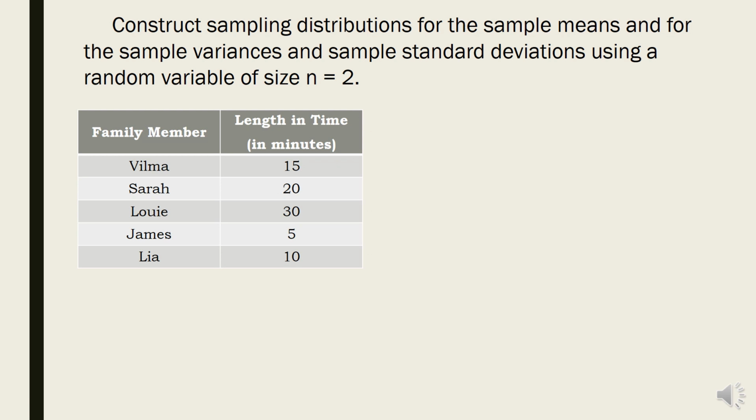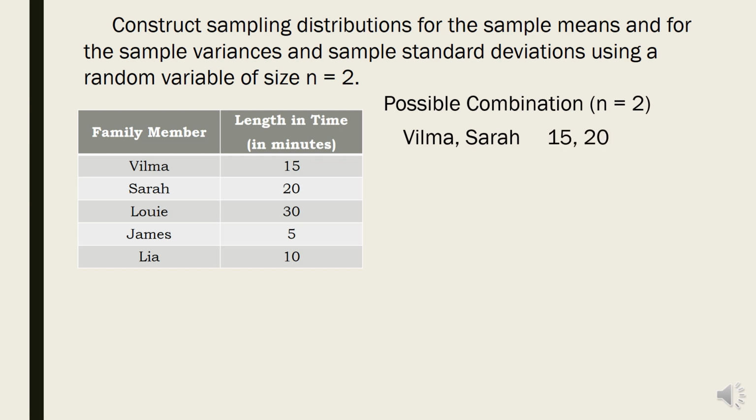So let us find how many possible combinations we can create from the 5 members with the size of 2. Let us start with Vilma, Sarah. The data we have is 15 and 20.